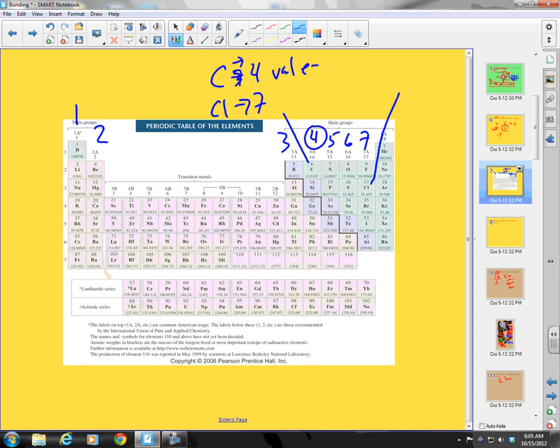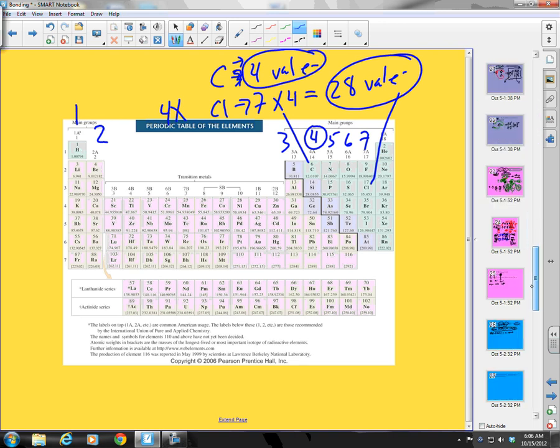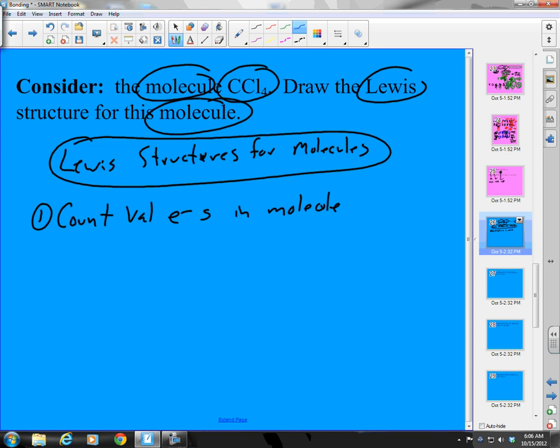And how many chlorines do I have? I have 4 chlorines, so that means I have a total from the chlorines of 28 valence electrons, plus 4 from carbon. So we have 28 and 4, 32 valence electrons.